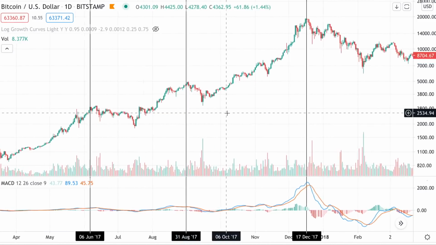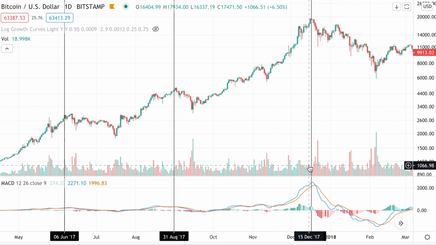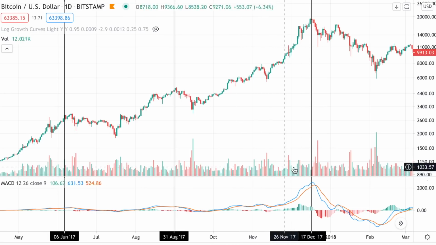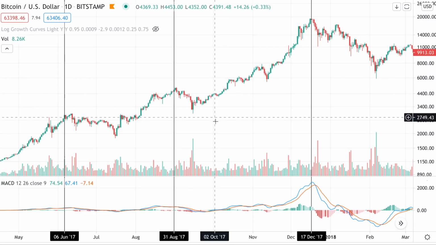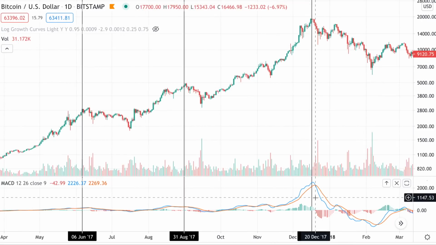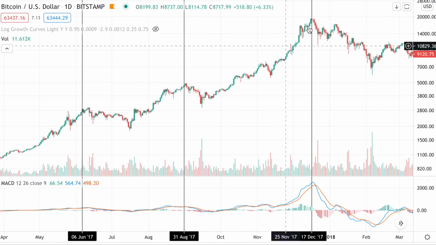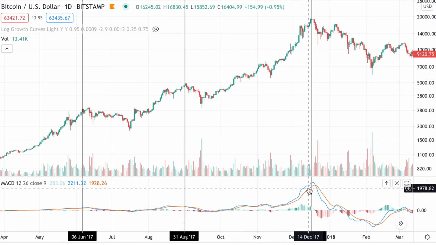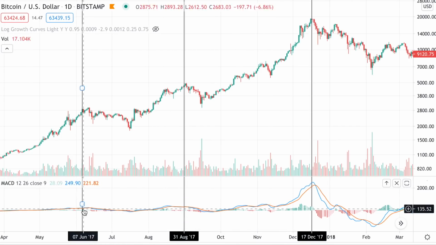So first of all, the big bull market top, did we see declining volume? Not really, right? No declining volume. Volume was pretty much steady throughout this entire rally. Did we see momentum divergence with the MACD going down when the price is going up? Absolutely not. We saw a huge spike in the MACD, blowing all previous highs out of the water.